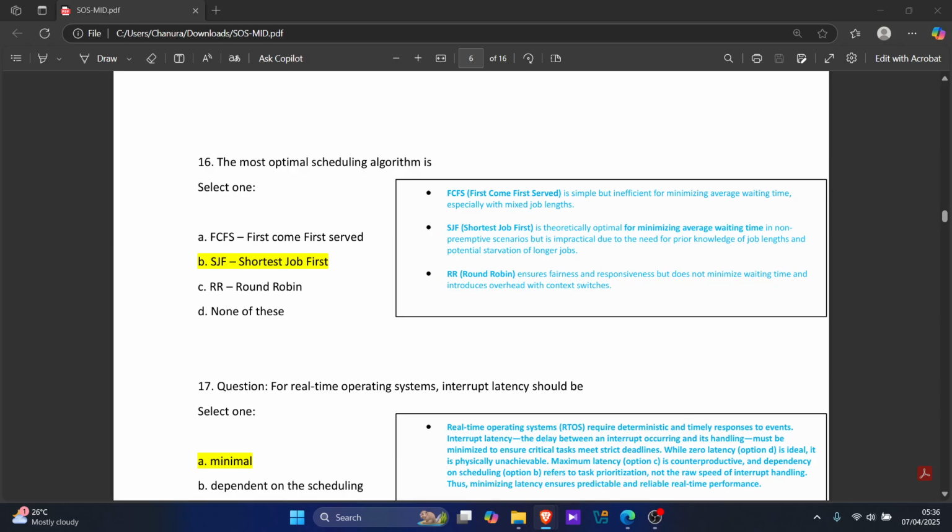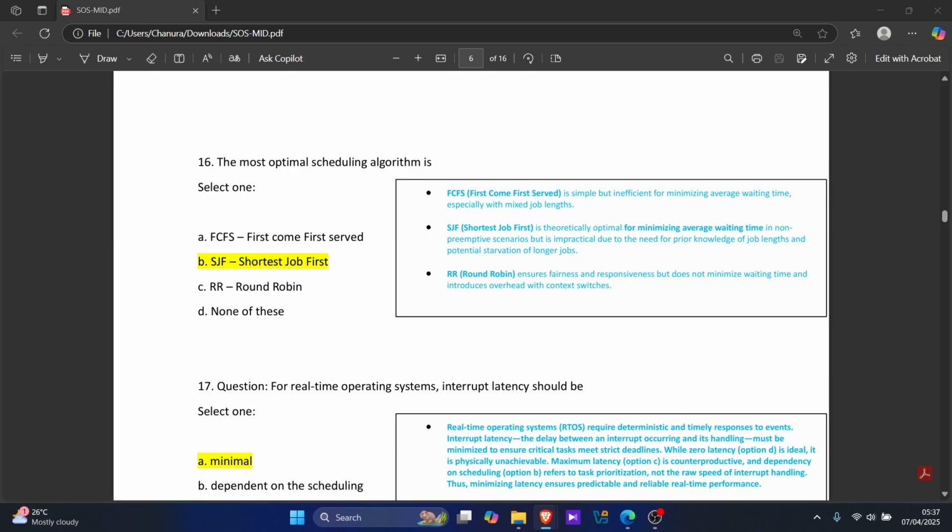However, I need to be careful here. Let me confirm again, if the question is asking which is the most optimal scheduling algorithm in general, without any qualifiers, and the options are FCFS, SJF, RR, or none. Since SJF is optimal in terms of average waiting time, but maybe the answer expects that since SJF isn't practical and thus the answer is none. But the question is about the most optimal, not the most practical. So theoretically, if you can know the burst times, SJF is optimal.